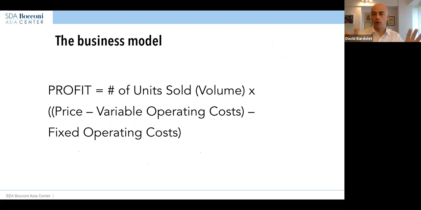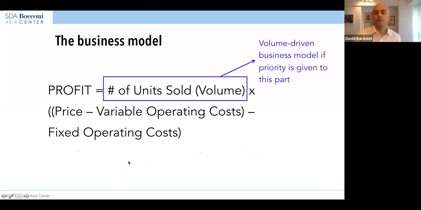If in this formula I'm trying to make profit, because every company tries to make profit in the end, but I'm trying to make profit by maximizing the number of units sold, and I forget a little bit about the rest, I'm trying to maximize as high as possible the number of units sold, then I have a volume-driven business. It's about selling units.